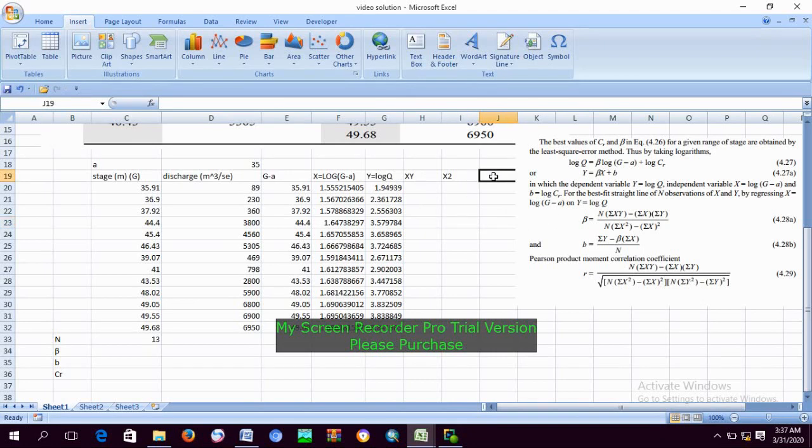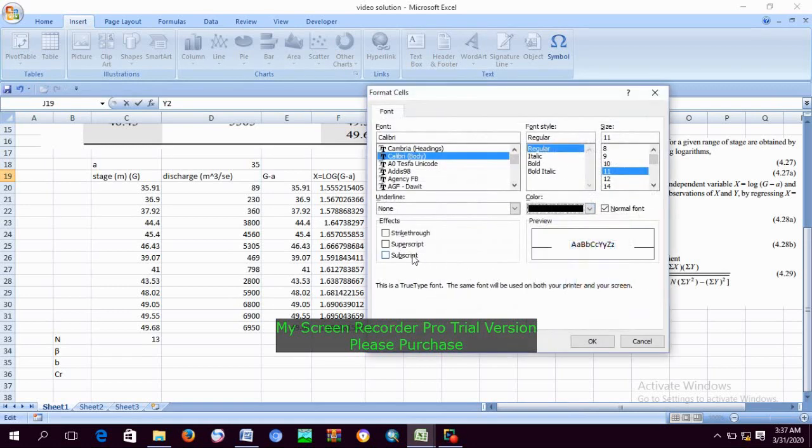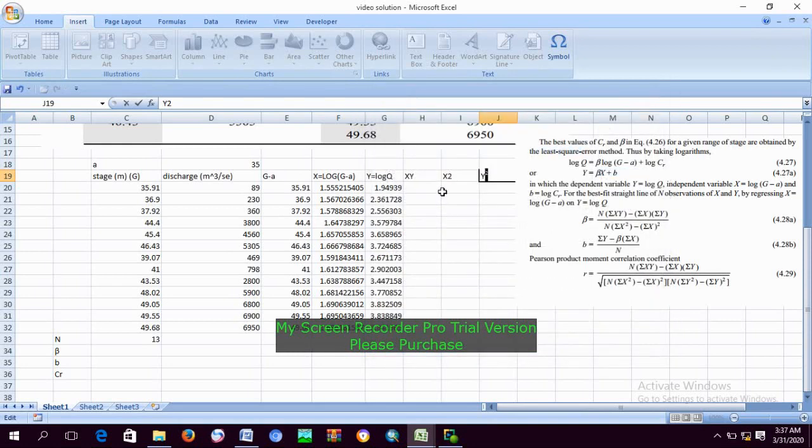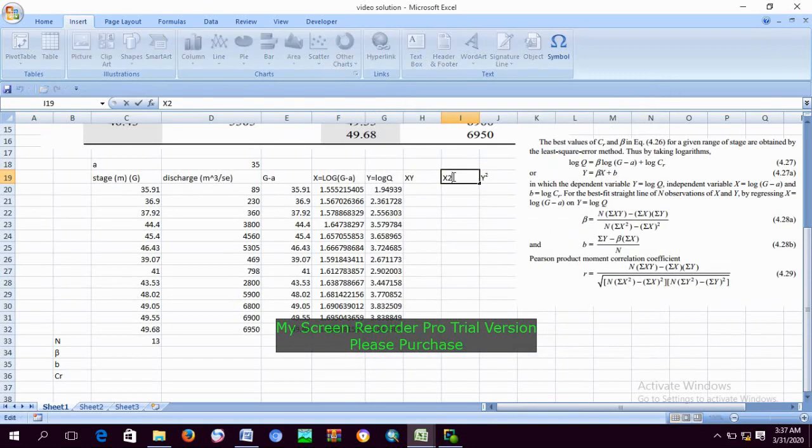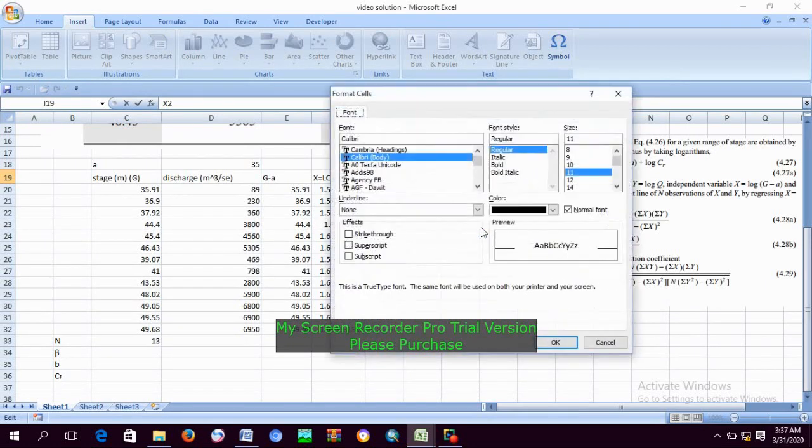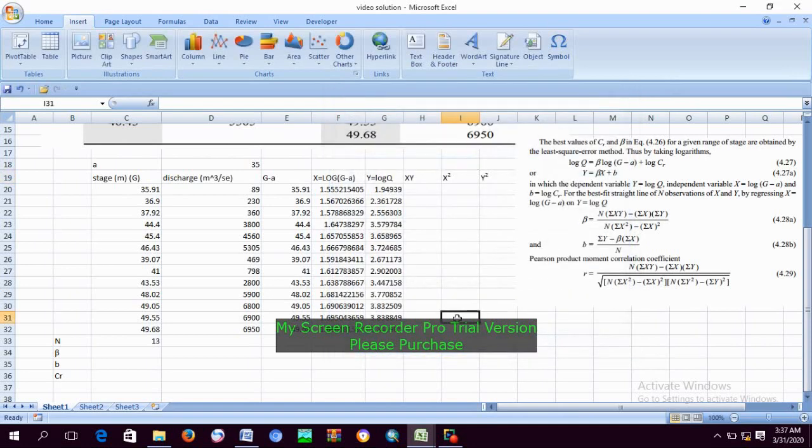Simply use cell format, superscript. In this case, we can do it for this value, which is also superscript. Yes.